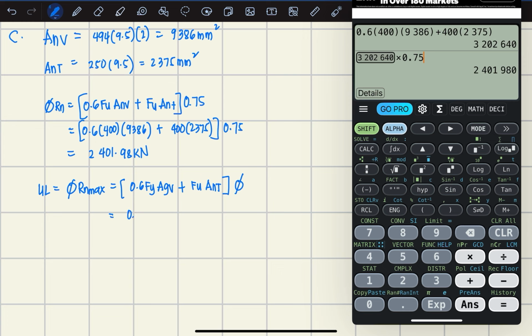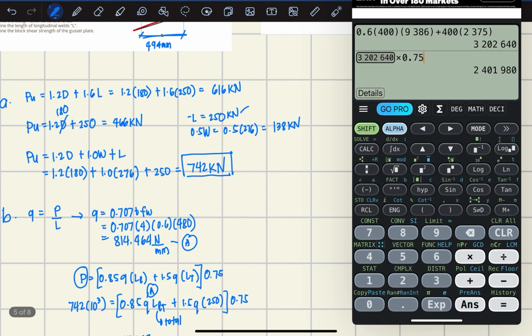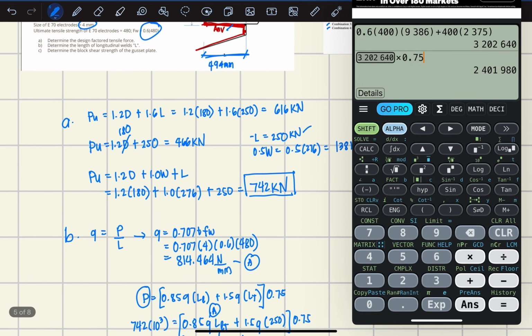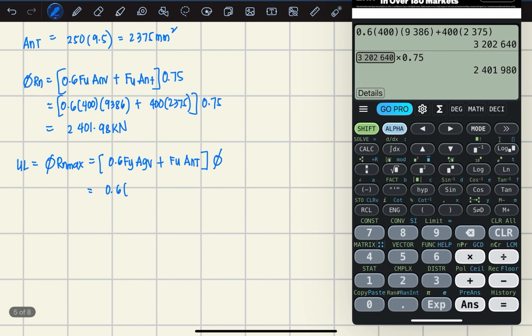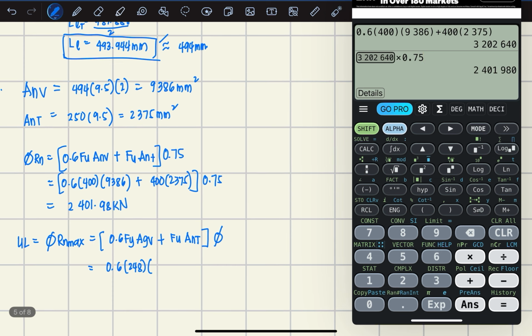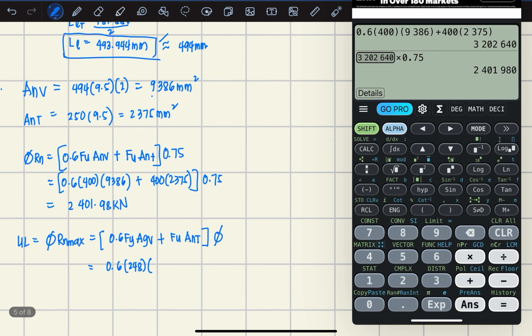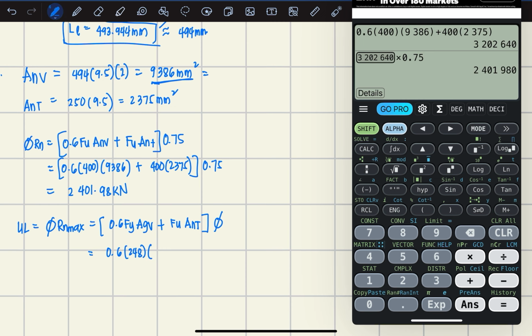So 0.6 times Fy, which is 248, times Agv, the gross area in shear. It is the same, since there are no holes, so you use the same area for the gross area in shear.